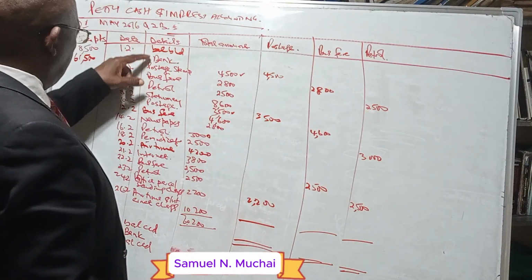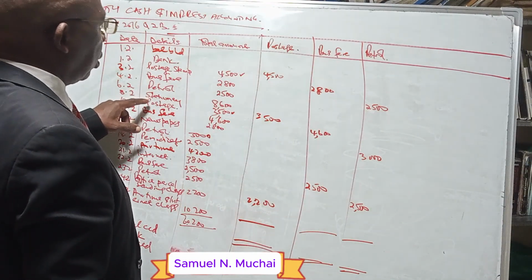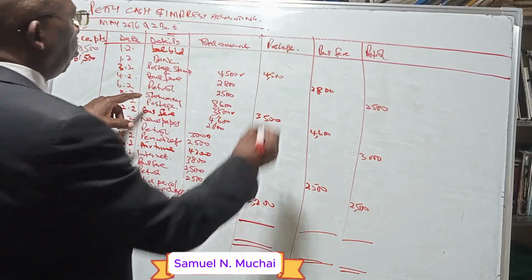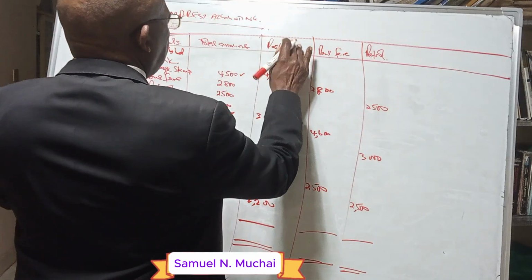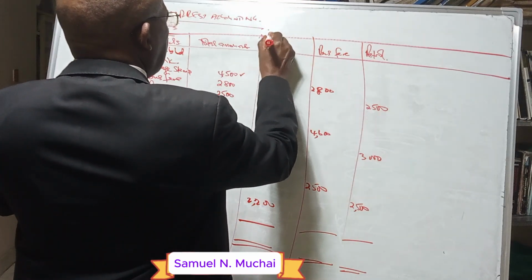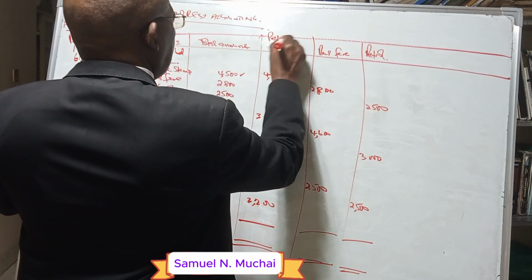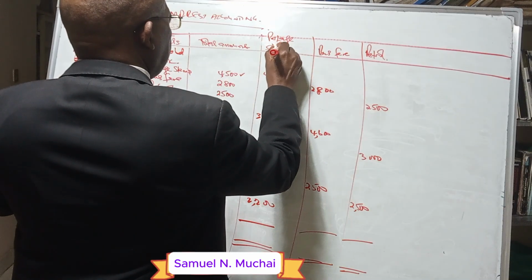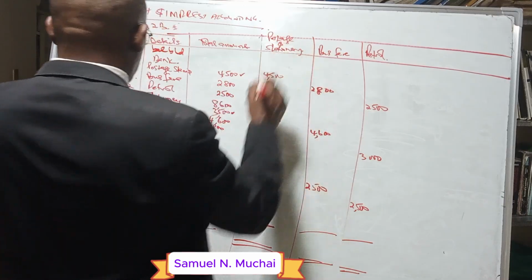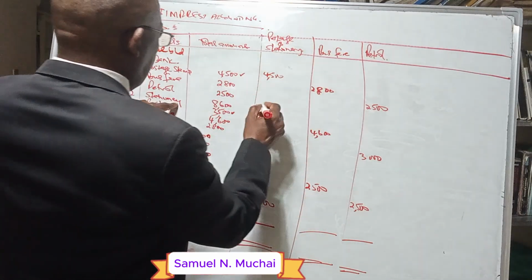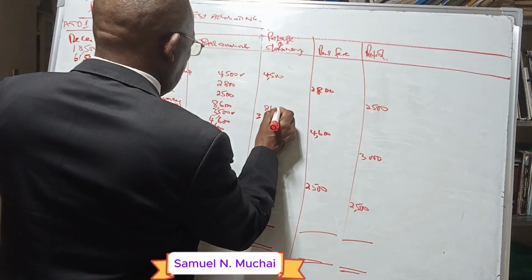Then stationery. I would want to say postage and stationery. They are supposed to go together. They usually go together. So stationery, 8,600 comes here.